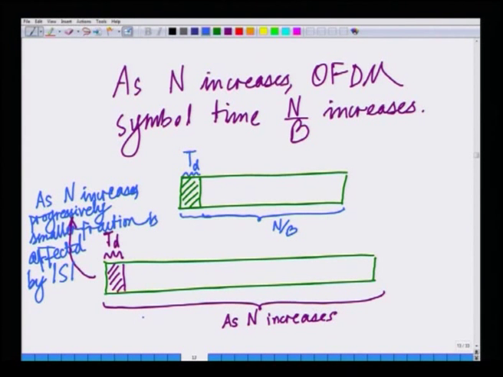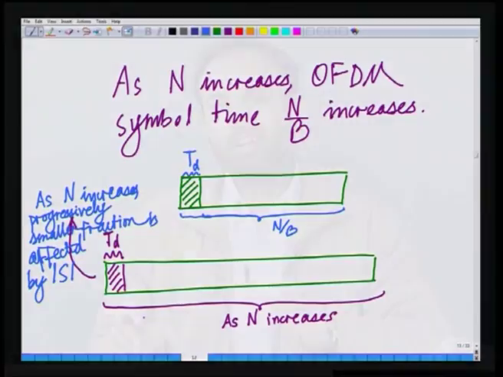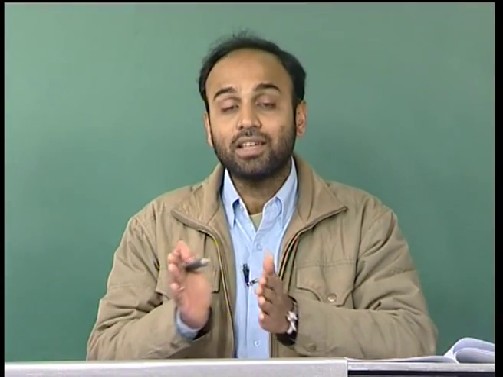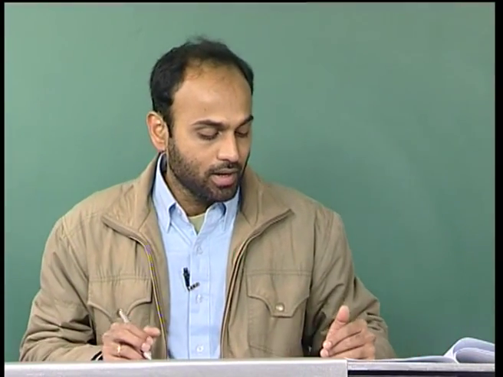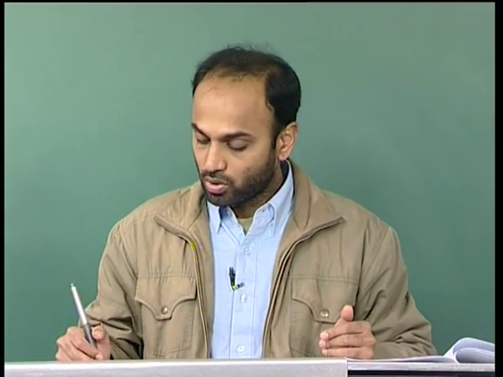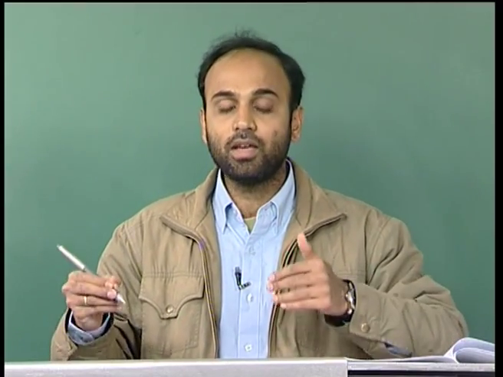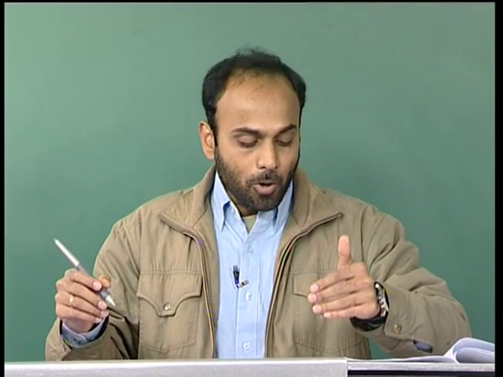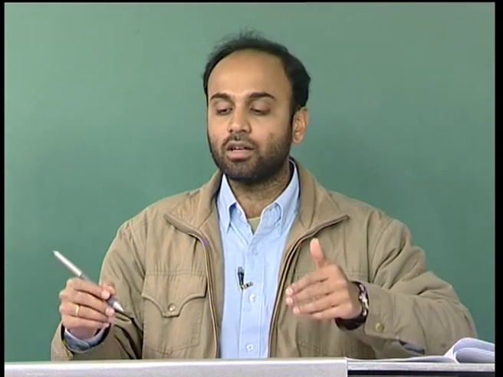So, what is happening is, as N is increasing, a smaller and smaller fraction is getting affected by ISI as the symbol spread is increasing. Hence, one can also think of this as N by B. Increasing N by B compensates for the ISI arising out of the delay spread.